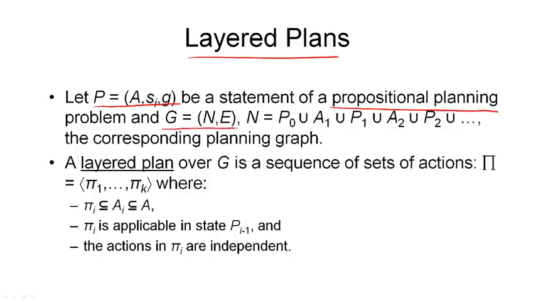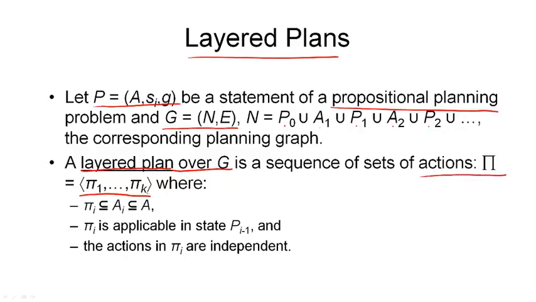Then we have a planning graph consisting of nodes and edges, where the nodes are given by the first proposition layer, the first action layer, and so on, always alternating action and proposition layers, as we've seen earlier. Then we can define what we mean by a layered plan over this graph, and we define it as a sequence of sets of actions denoted here by this big symbol pi. And this is the sequence of sets pi 1 through pi k.